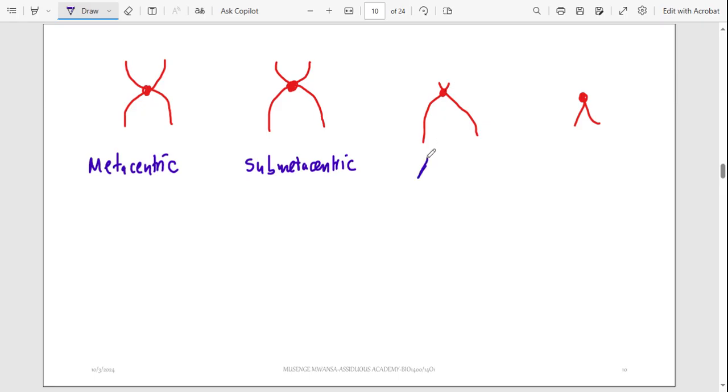This is known as an acrocentric chromosome. And then you have a chromosome which does not have a shorter arm. It just has one arm, meaning that the centromere is actually at the end of that chromosome. That's known as telocentric.